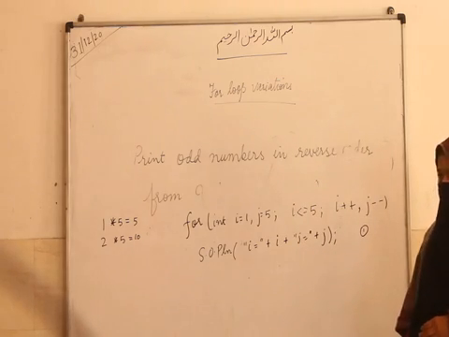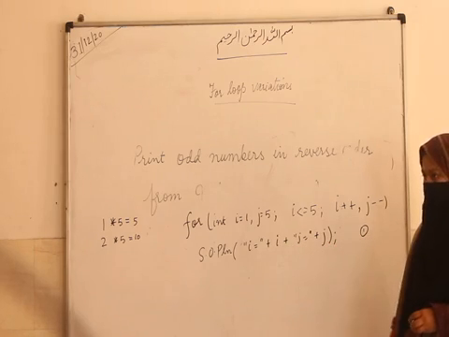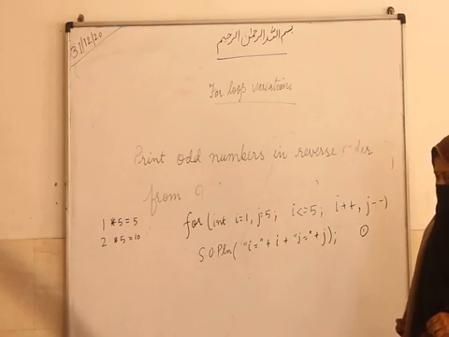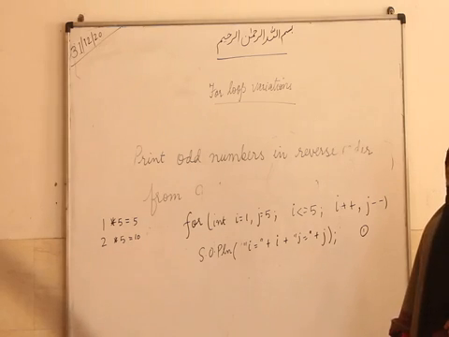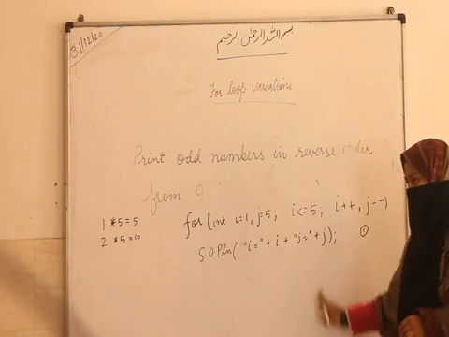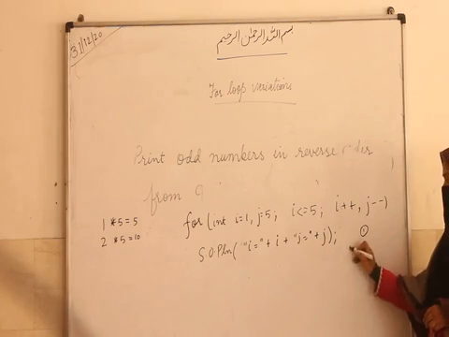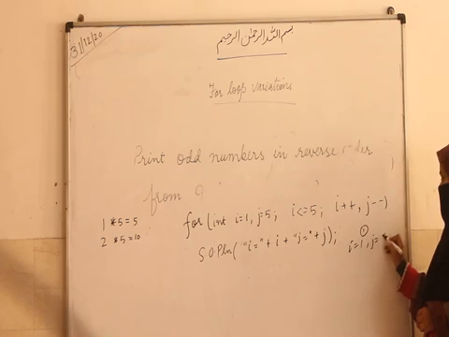First it will show i is equal to 1, and in the next it will show j is equal to 5. Then i will be increasing, so i is equal to 2, and j will decrease, so j is equal to 4. Let us see the first iteration. For the first iteration, the value of i is 1 and the value of j is 5.